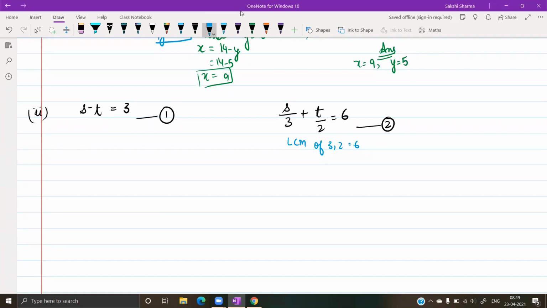Or you could directly work with the equations given to you. ये पर्सनल प्रेफरेंस है, जो सेकेंड इक्वेशन है बिकॉज यहाँ पे फ्रैक्शंस हैं, आप चाहो तो एलसीएम लेके सिंप्लीफाई कर सकते हो, उसके बाद अपना सब्स्टिट्यूशन वाला काम बिगिन कर सकते हो, या फिर ऐसे ही फ्रैक्शंस के साथ काम कर लो. If that's okay with you, I am going to take LCM here. I get 2s plus 3t over 6 equals to 6.